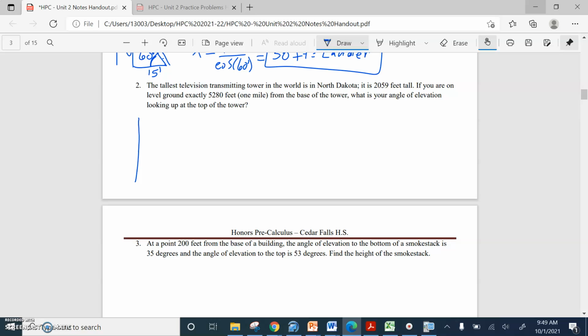We have a tower, very tall cell phone tower. You know, it's got the guy wires coming off of it and so on.